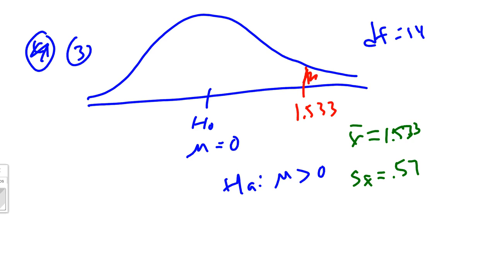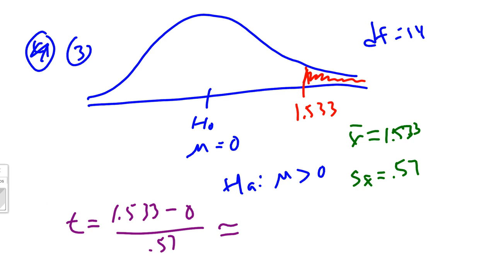And if we shade in the direction of HA, we get the area of the tail that we want. So if our goal is to find the area in that tail, we usually compute a t-score, which would be our x bar minus our mu over our standard deviation. Now when I divide that on my calculator, I get something around, say, 2.7.